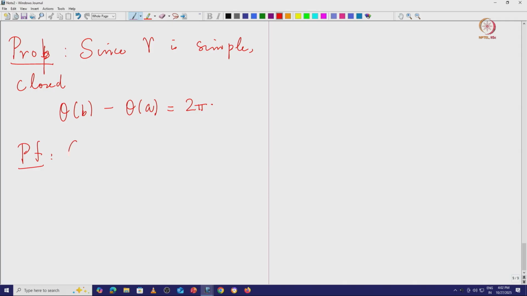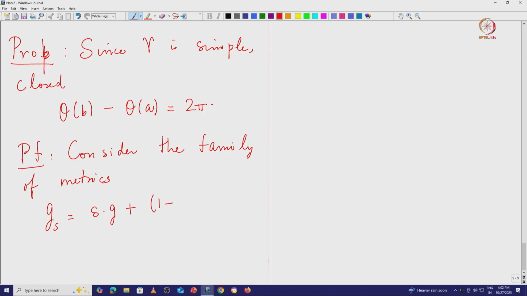So, we simply consider the following family of metrics parameterized by this parameter S, which is simply S times G plus 1 minus S times the Euclidean metric on the plane.